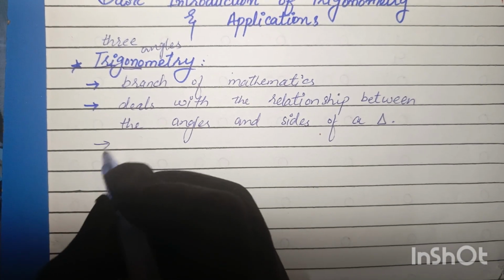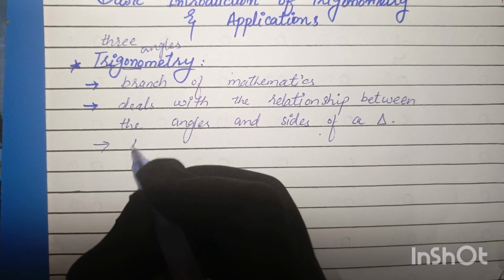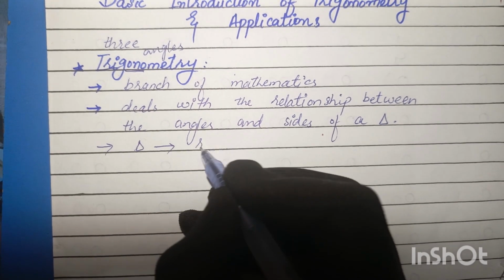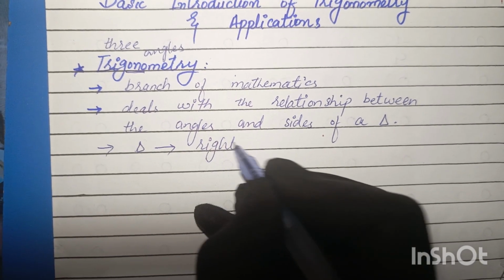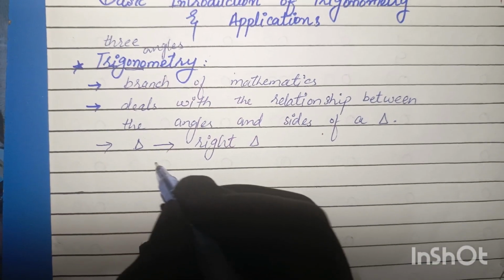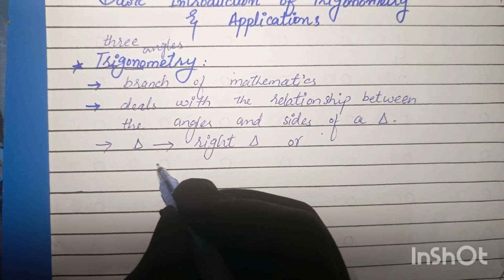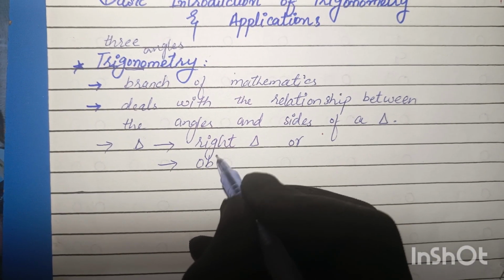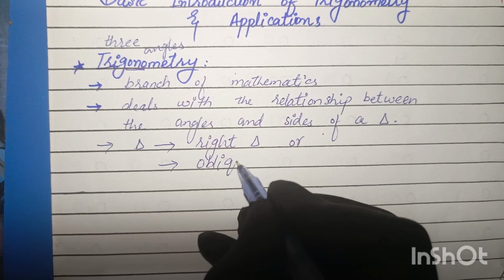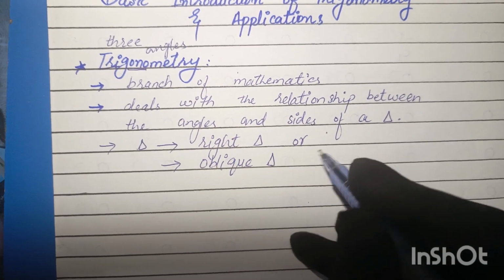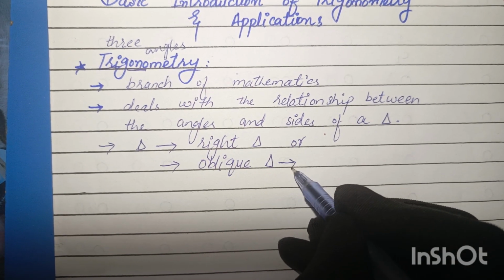The triangle can be a right triangle, a right angle triangle, or it can be an oblique triangle. Oblique triangle means a triangle which is not a right triangle.